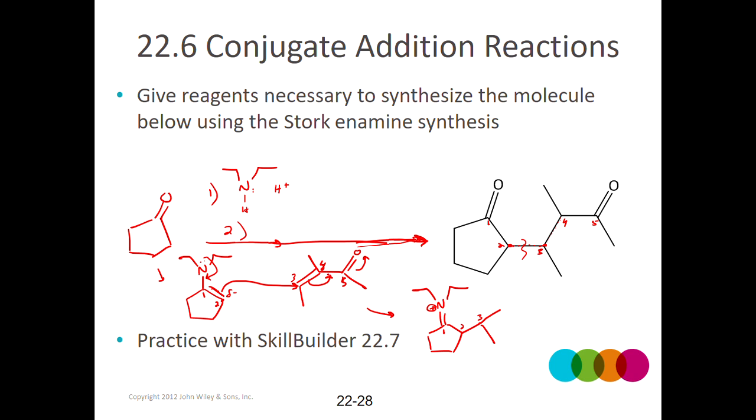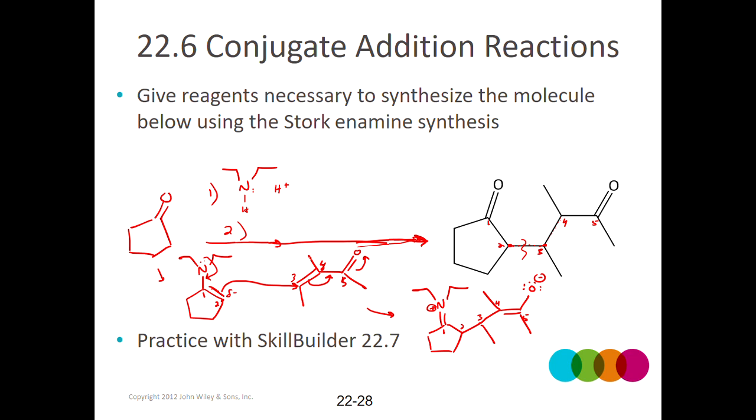The pi bond shifts between 4 and 5. 4 has a methyl group. 5 has a methyl group. And electrons swing up to the oxygen that's on 5. So that produces this intermediate.